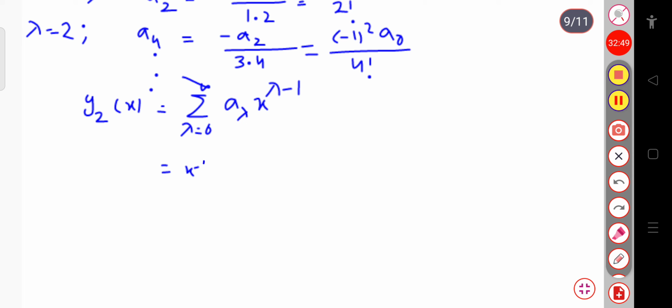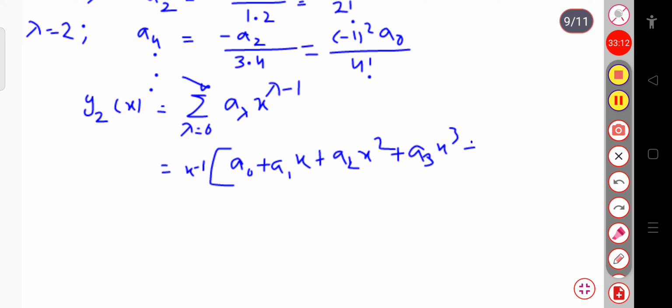Then this will be a0 x to the power 0, which means 1, plus a1 x to the power 1 plus a2 x squared, because the minus 1 is taken common, plus a3 x cubed plus a4 x to the power 4 and so on.